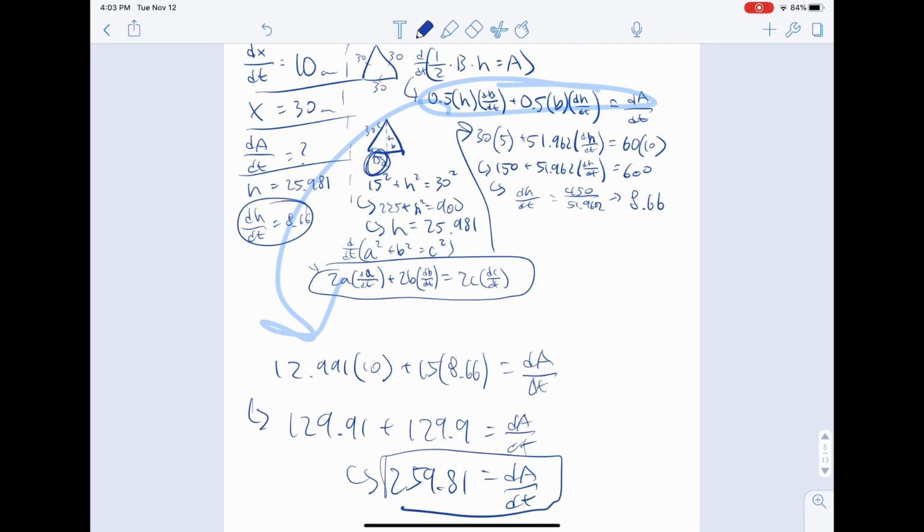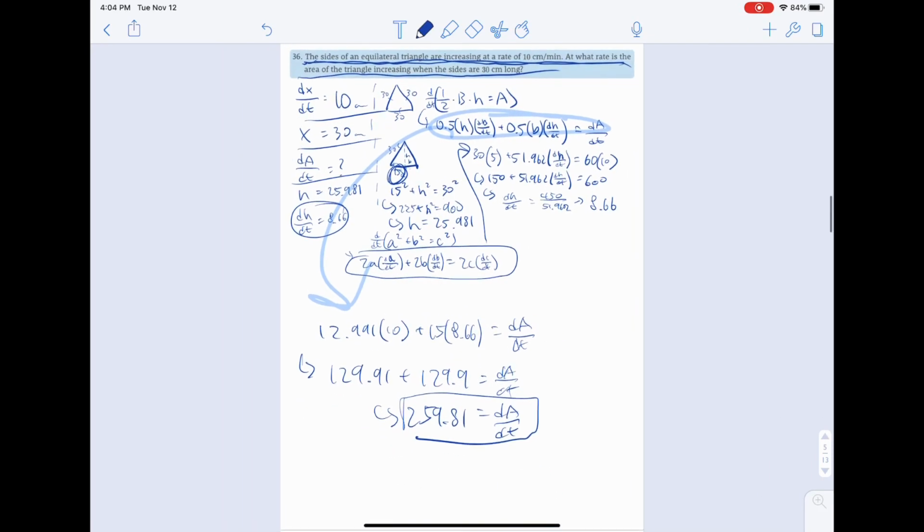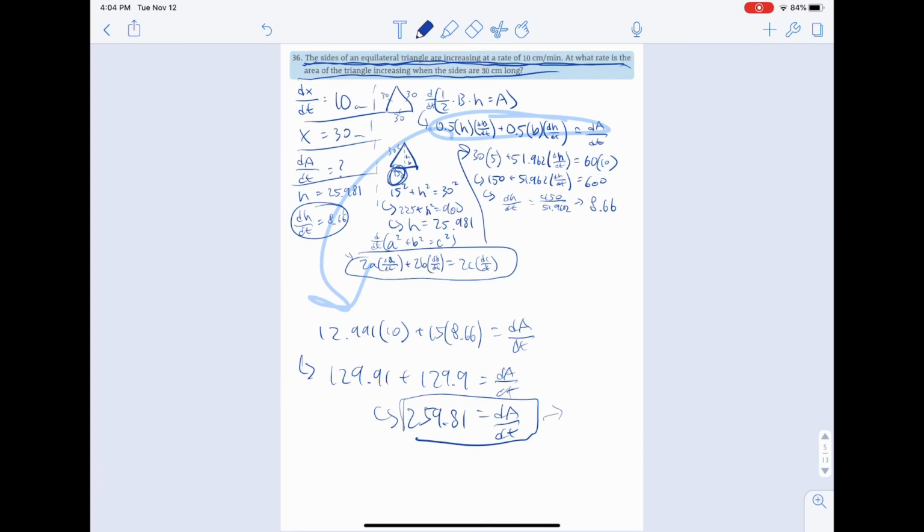That's our answer right there. I didn't know this, but it also equals 150 times the square root of 3. That's what it says in the book, and they are the same number.